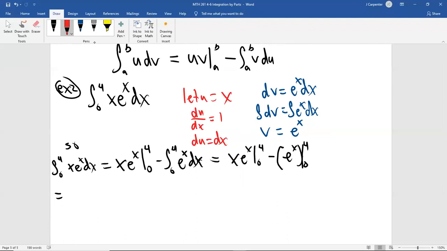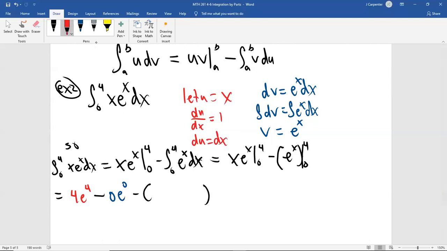So this is 4 times e to the 4 minus 0 e to the 0, then minus, and parentheses because we're plugging in the 4 and the 0 into the e to the x, but this minus is outside of that plugging in.